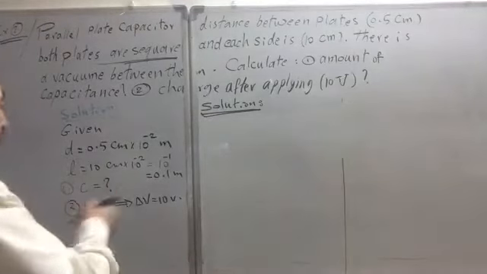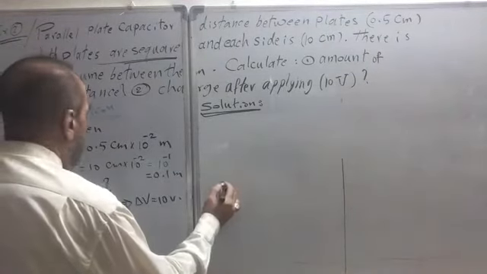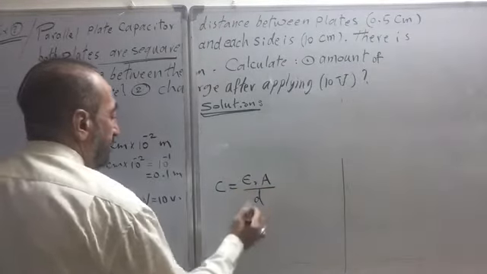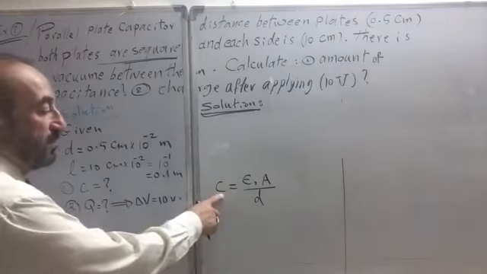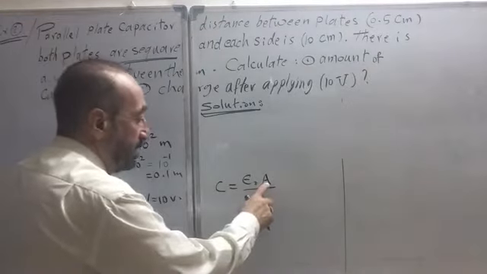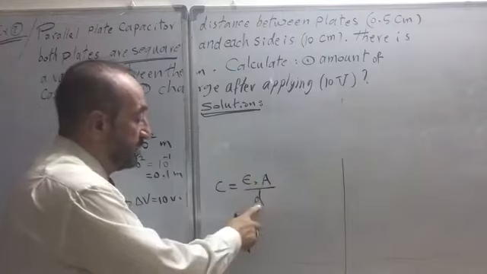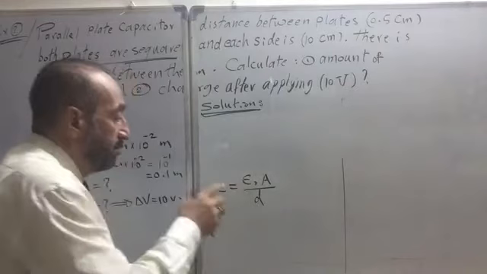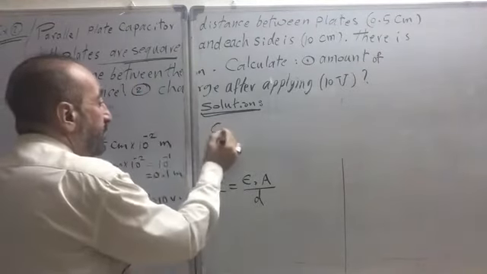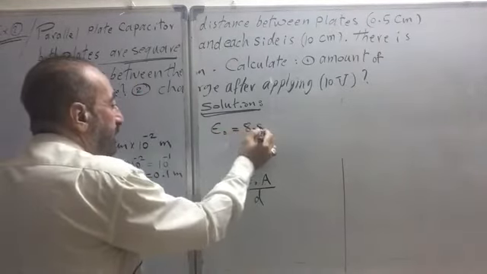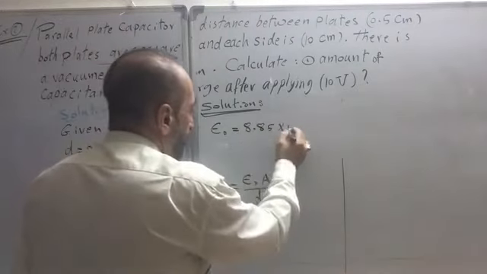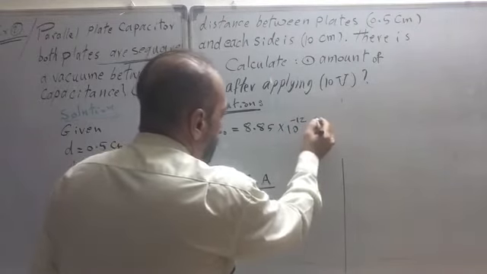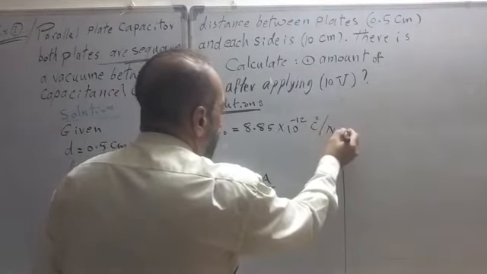To solve this question, we should use the relation C equal epsilon naught A over D. C is the capacitance of the capacitor, A the area of the plates, and D the distance between the two conductive plates. Epsilon naught must be memorized, equal 8.85 times 10 to the power minus 12, in coulombs square over newton per meter square.